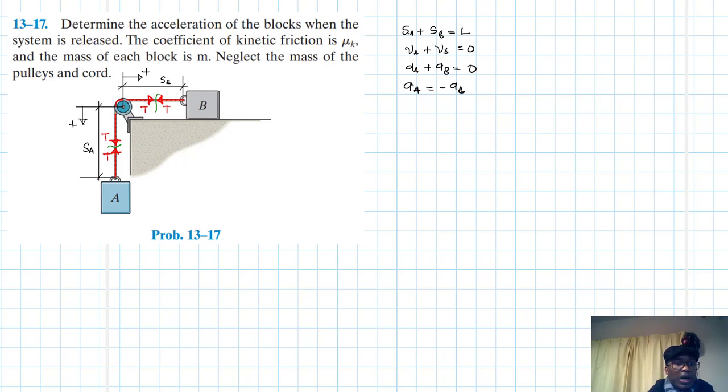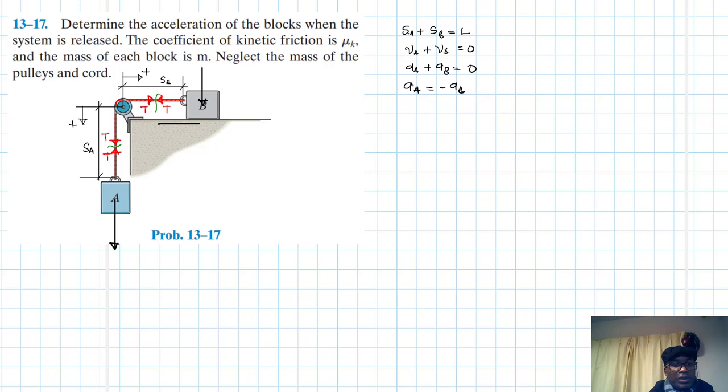Then what else do we have? We do have the weight. We do have the weight, and then this block B tends to move to the left.